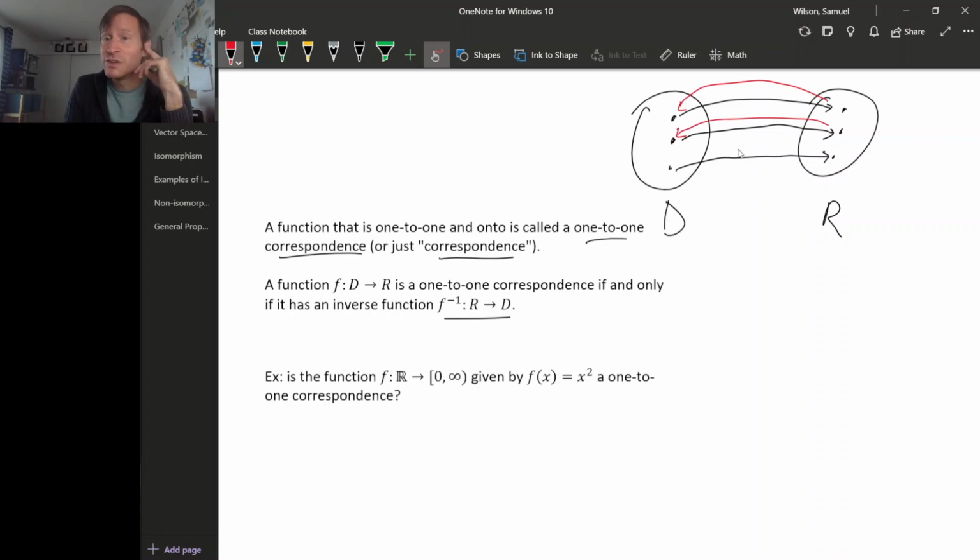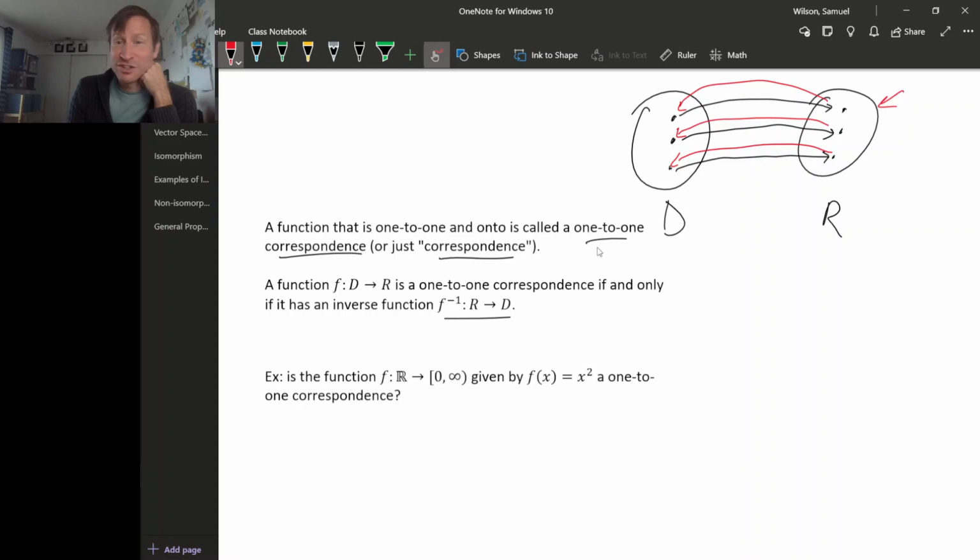Because your function was one-to-one, the reverse arrows, the red arrows going from right to left, none of them start at the same place, since none of the original arrows ended at the same place because of one-to-one. And since no two red arrows start at the same place, this actually does define a function. And since the original function was onto, we actually have an arrow to turn around at every point in the range. So we can define the inverse this way.